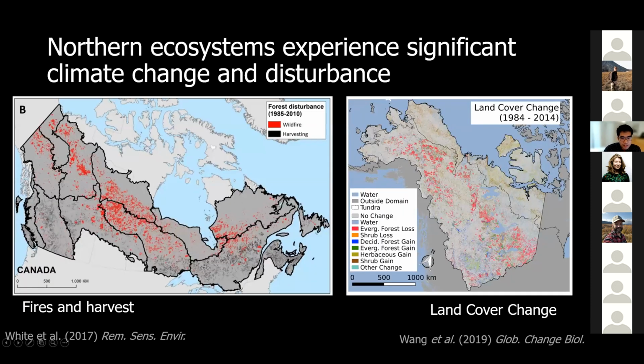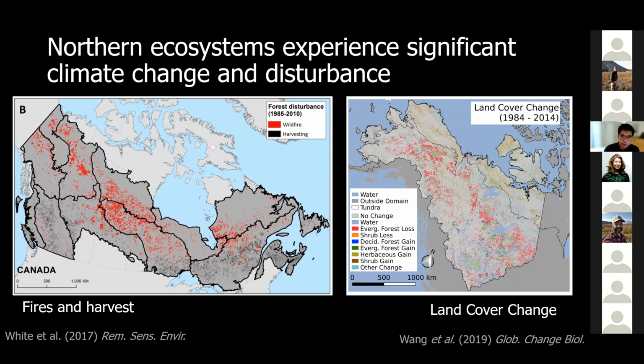The reason we're very interested in the carbon dynamics here is that we know that in the northern ecosystems, there has been a pretty significant regime of disturbance. So wildfire and harvest, I'm showing on the left for Canada's managed forests. And on the right, there's evidence of extensive land cover change, right?